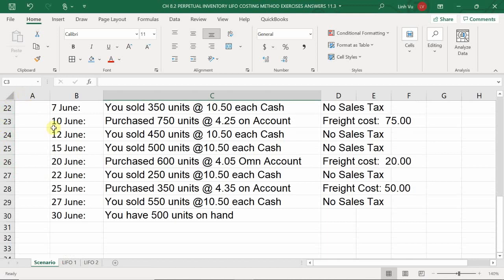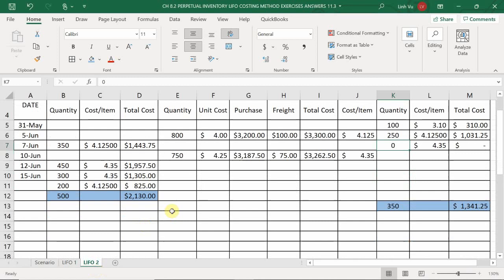We end up purchasing an additional 600 units at $4.05 with a freight of $20. So 600, 4.05, 20, on June 20th.